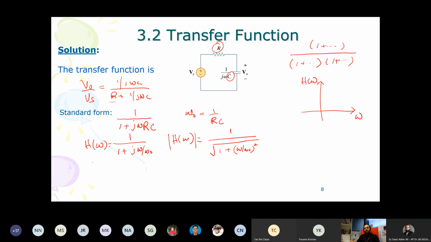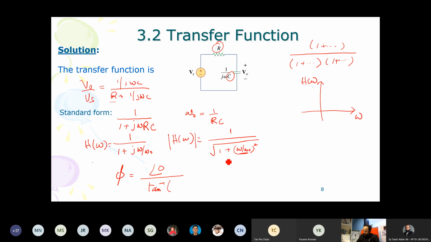And if you remember the phase, we find the phase using the tan inverse y upon x. If we look for the phase of this one, in the numerator it is 0 because this is just a constant, and in the denominator it will be tan inverse y upon x.